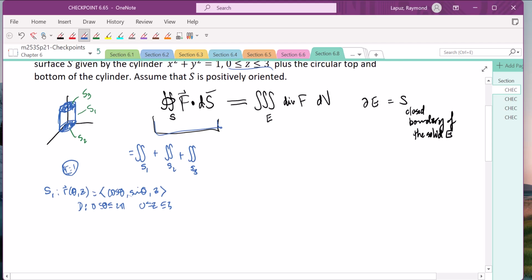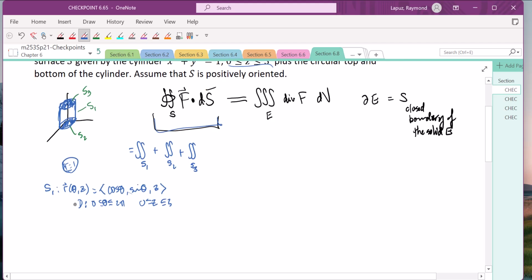All right, and now we have to find the cross product, r theta cross r z. So we need to take the derivative of this thing with respect to theta. And I'm sorry, the r here is for radial distance in polar coordinates, and this r is the parameterization vector function that we use. So it's different from the r radial distance in polar or cylindrical coordinates.